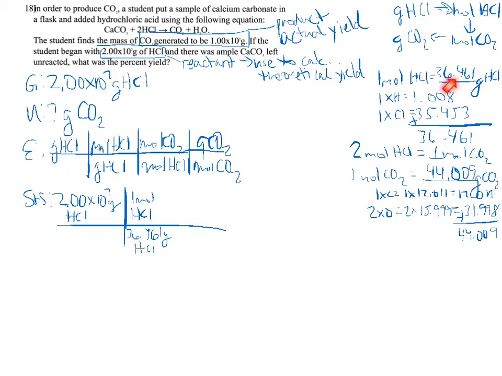That number is that number right there, 36.461. And then we go mole to mole ratio. Mole to mole ratio is this. So that means 1 mole of carbon dioxide on top and 2 moles of hydrochloric acid on bottom. And then our last step is our molar mass of carbon dioxide, 44.009 grams over 1 mole.